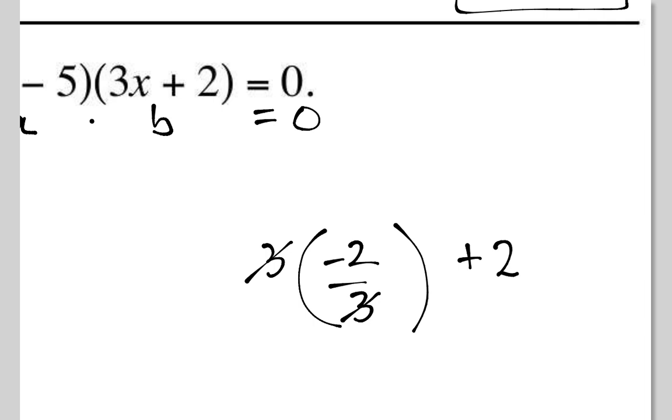Okay? Here, let's do a random one on the whiteboard. And I just pick random numbers. And you should be able to do this no problem. 6x plus 7. And let's just put another one in there just for fun.